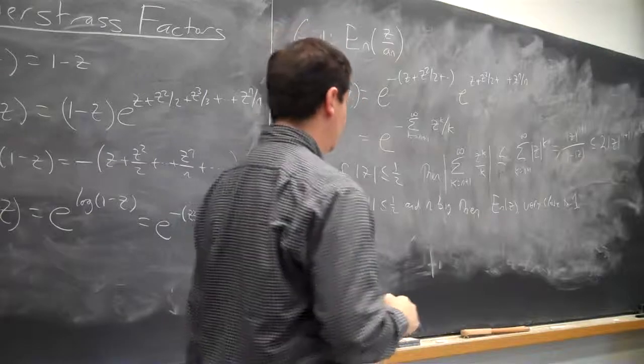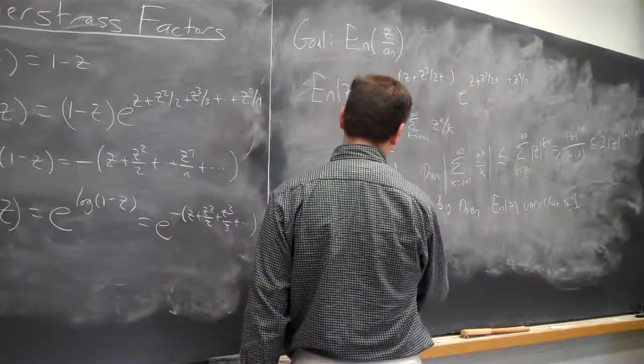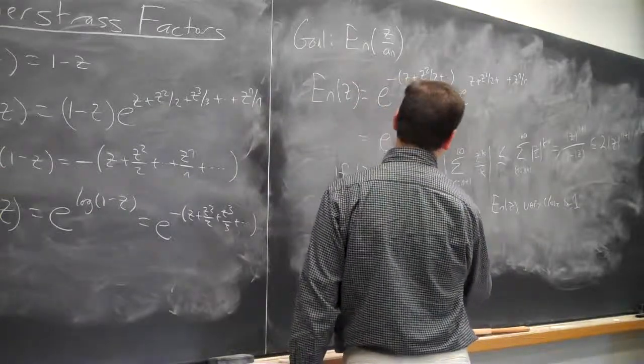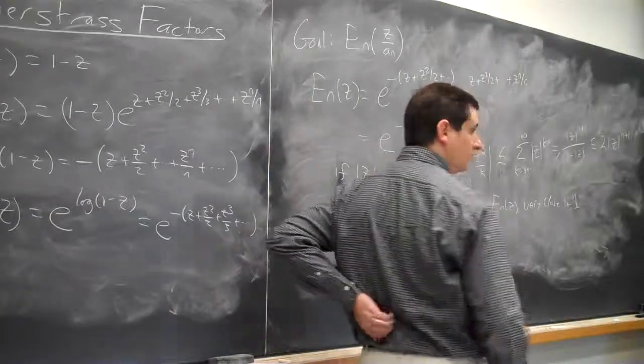And we can quantify how close. It's at least e to the negative 2 z to the n plus 1.